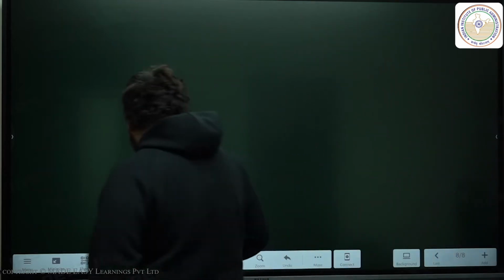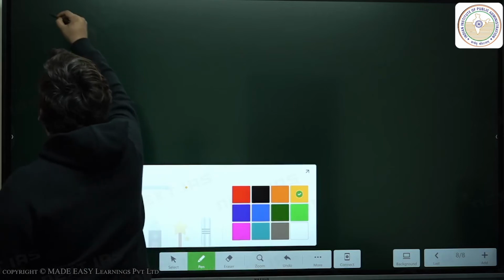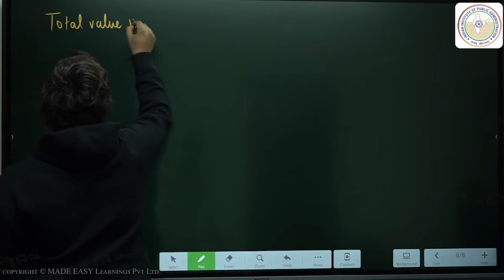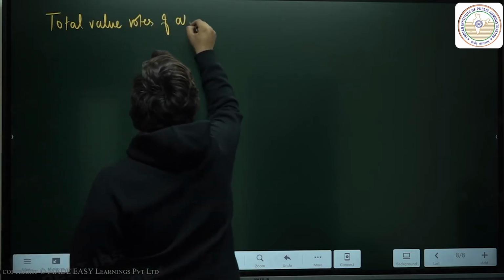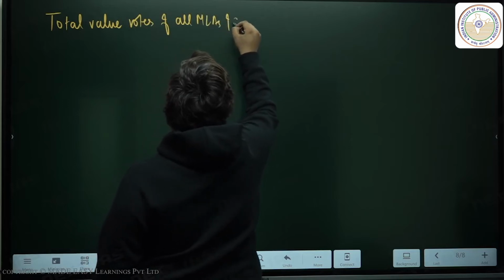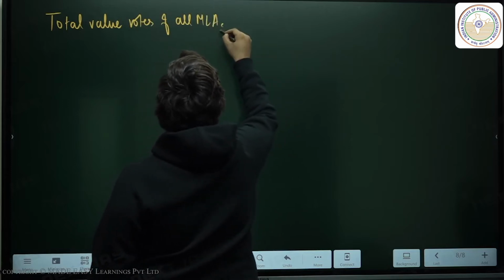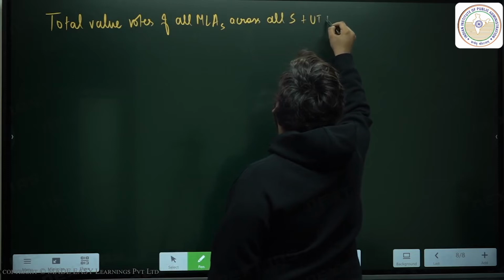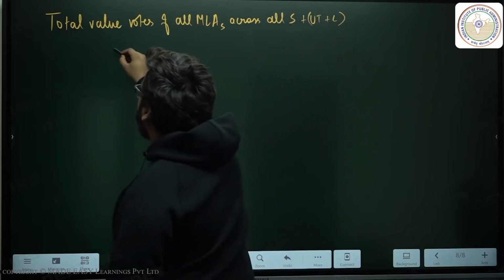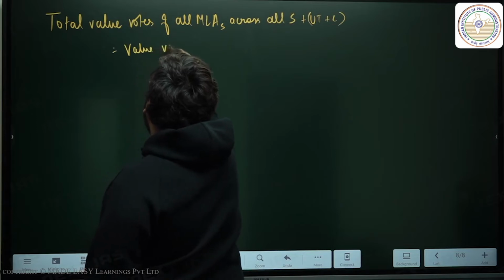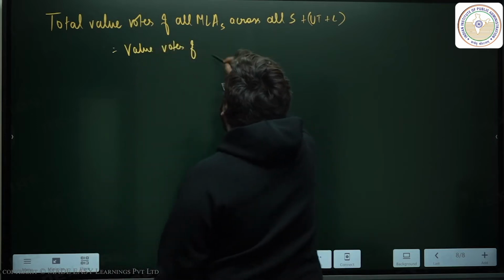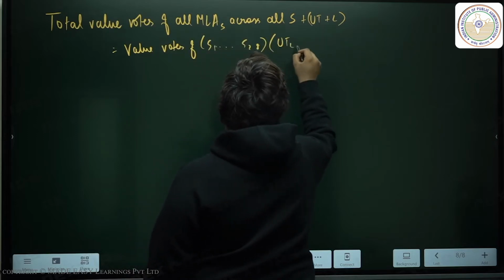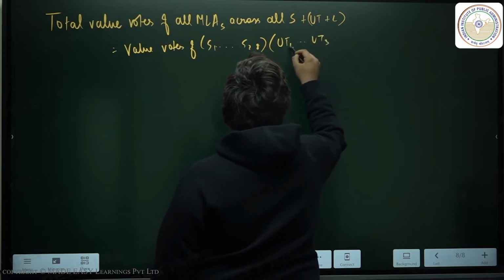So when we add the total value votes of all MLAs across all states and union territories plus legislatures, this is nothing but value votes of state 1 till state 28 and union territory 1 till union territory 3, right?